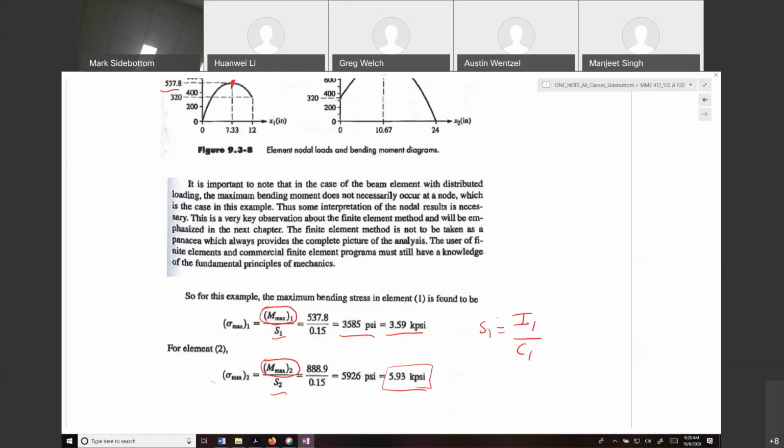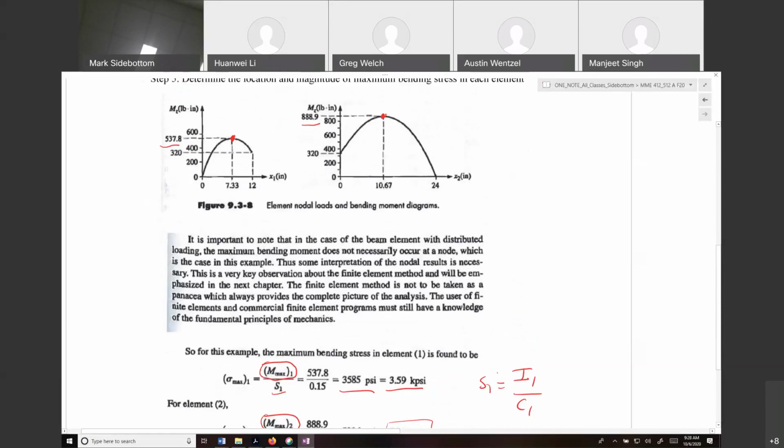So that concludes this lecture on finite elements using beam theory, using beam elements. So the general process is the same for both cases of distributed loading and concentrated forces. The main thing with these problems is just that they take a little bit of time.